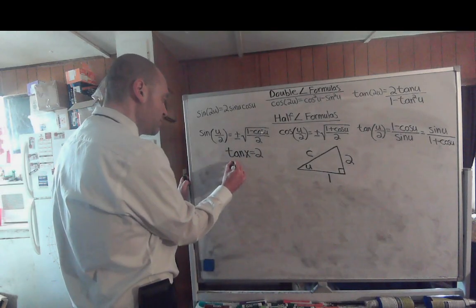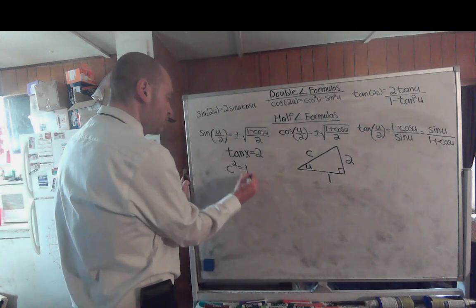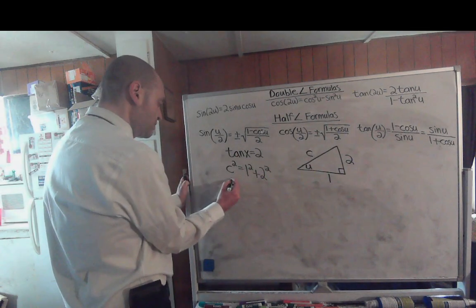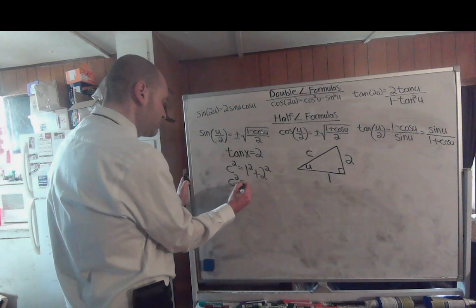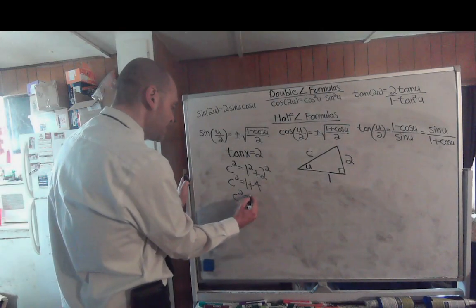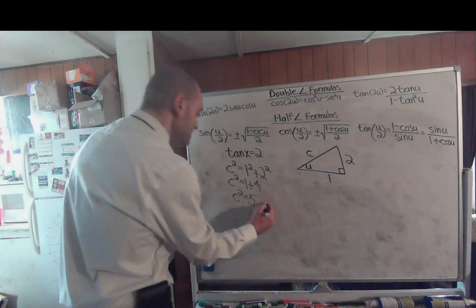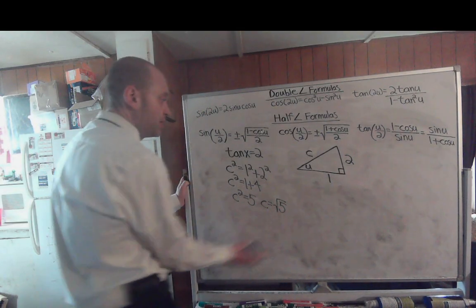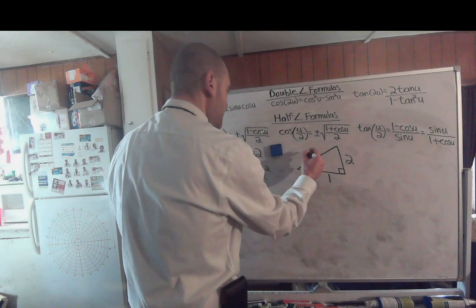So c squared equals 1 squared plus 2 squared. So c squared would equal 1 plus 4, so c squared equals 5, which means that c would have to equal the square root of 5. So your hypotenuse equals the square root of 5.